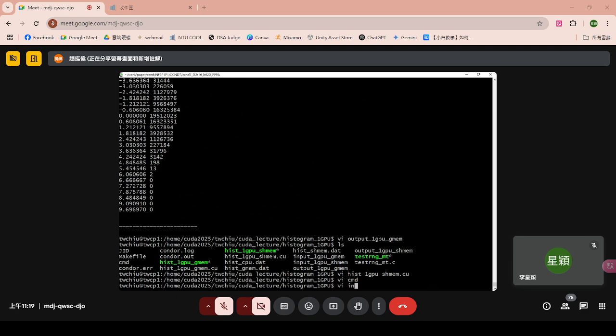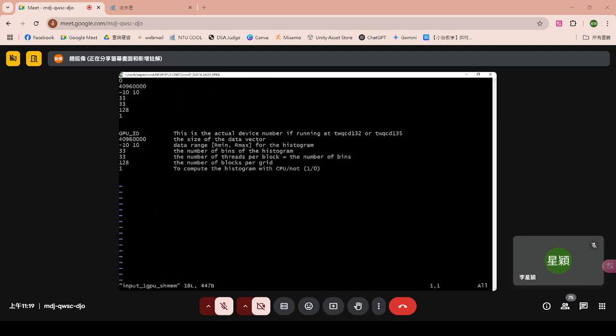The input is the same, I think. One thing you have to be careful about is that the number of bins of the histogram must be equal to the number of threads. This is the only condition you have to always satisfy when you use the shared memory for the histogram.